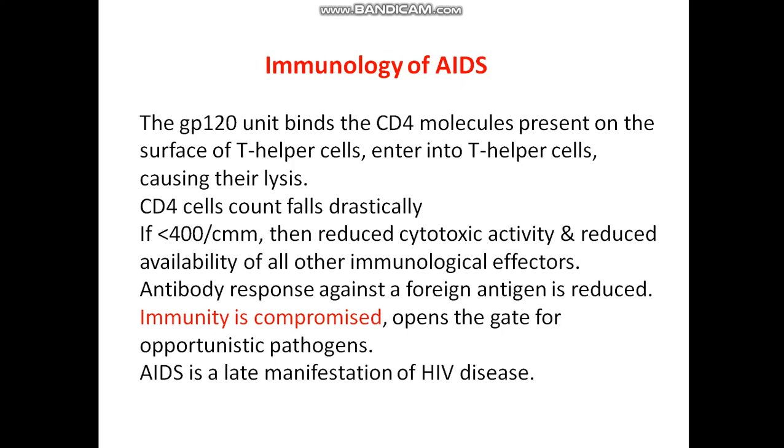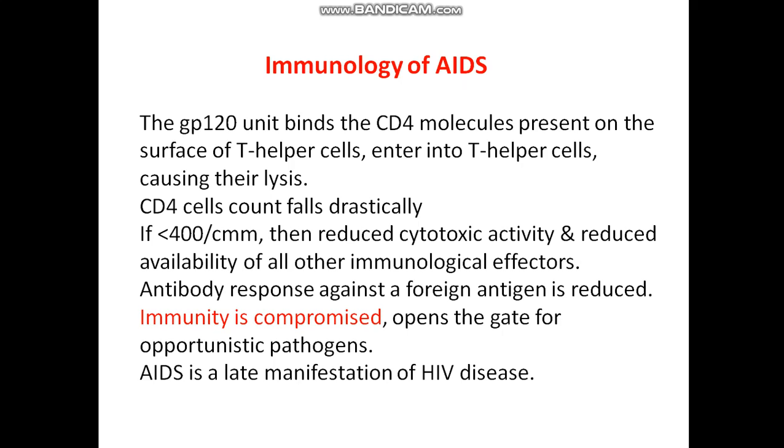Now the GP120 units bind to CD4 molecules present on the T helper cells, enter into T helper cells and cause their lysis. The count of CD4 cells falls drastically, to below 400 per cubic millimeter.